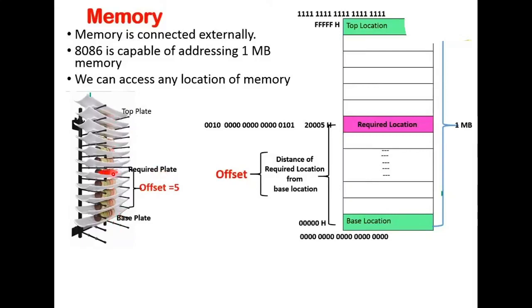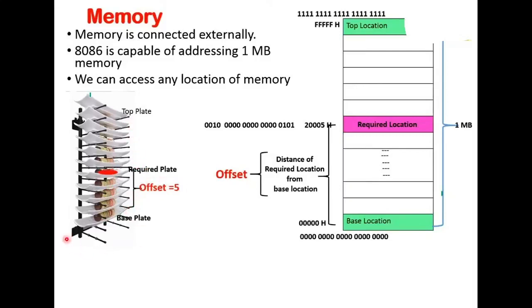If I want to locate in which place my plate is located, I need to count from the base. From the base, the starting value is 0, then 1, 2. From here if you see 1, 2, 3, 4, 5. So the distance is 5. That we can call the offset.